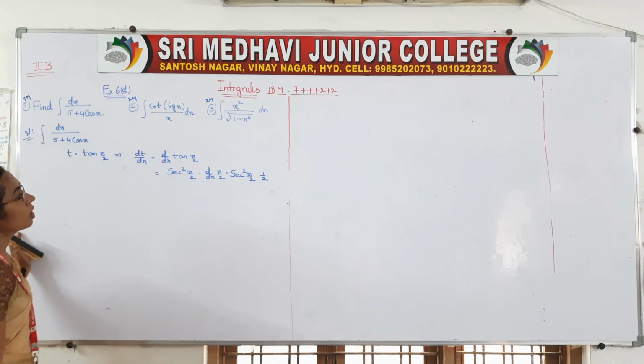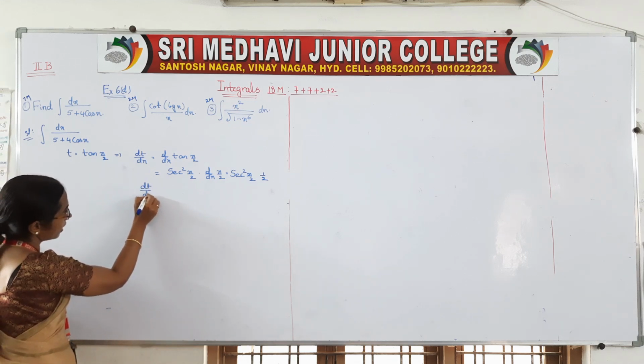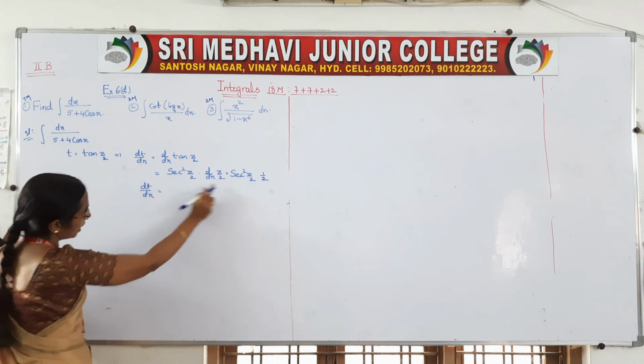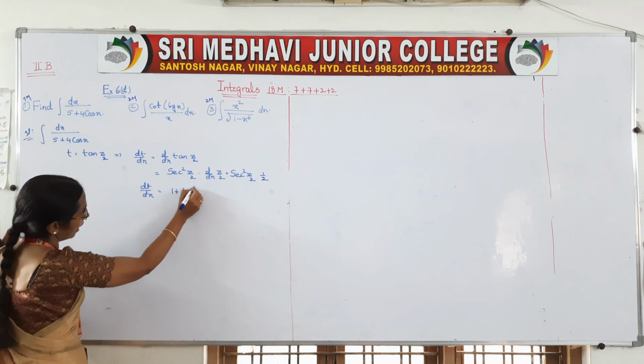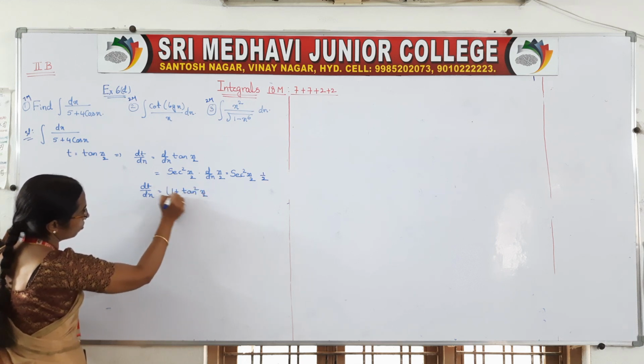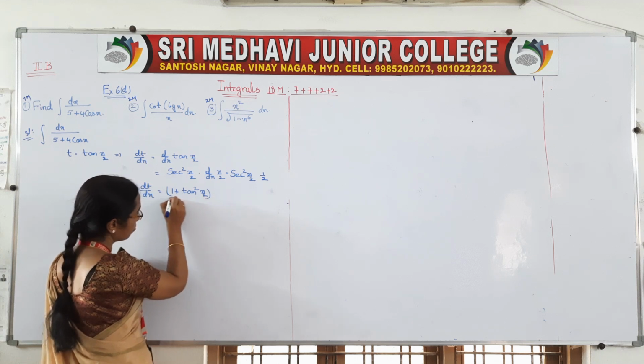So what happens to our value now? dt by dx is equal to, instead of secant square we can write 1 plus tan square x by 2, by our trigonometry formula. Why did we use that formula?